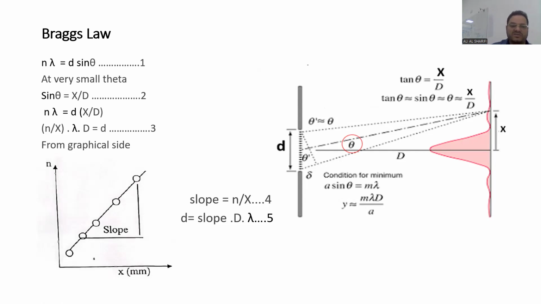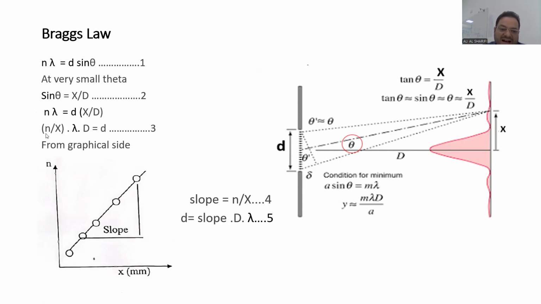To simplify this equation using a graphical method, n will be on the y-axis, the pattern number 1, 2, 3, 4, whatever, and the distance between them will be on the x-axis. Slope equals n divided by x.